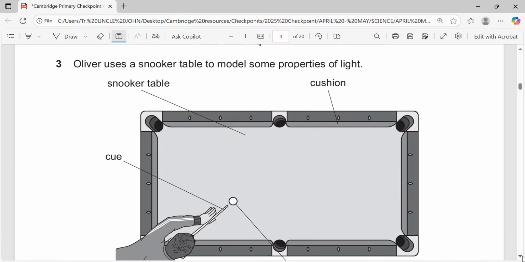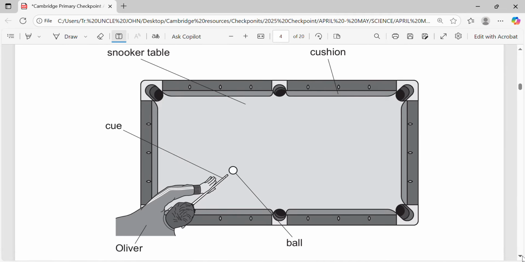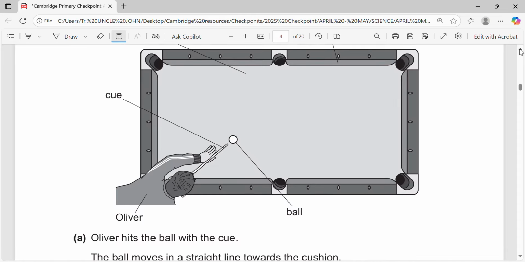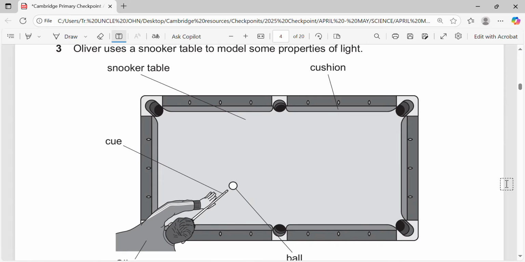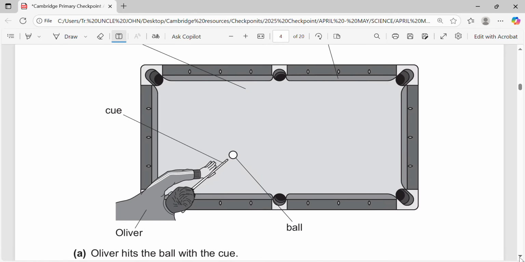Question 3. Oliver uses a snooker table to model some properties of light. This is a snooker table. You can say it has a cushion. We have a Q. We have Oliver.